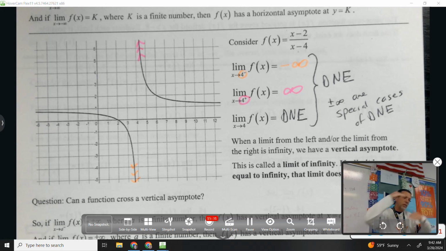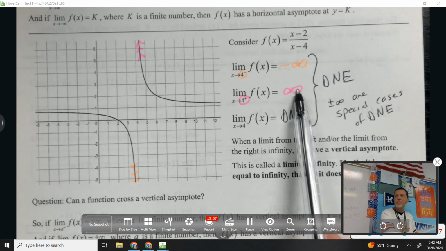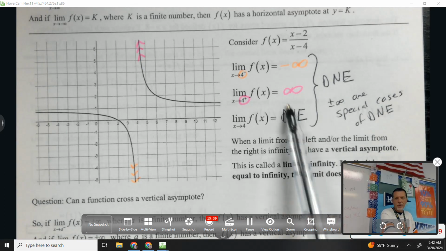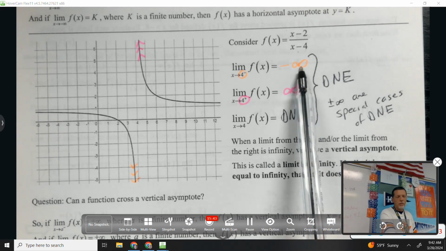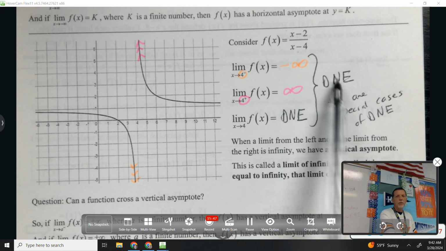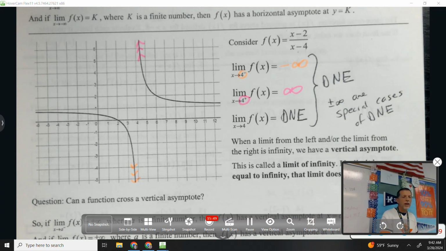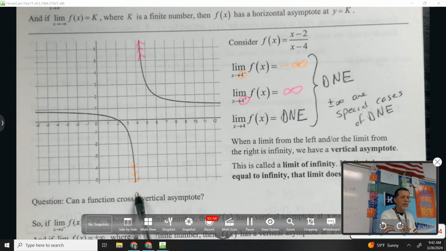If they go to different things, so if the left and right are different, that's one. If they go to infinity, we officially say that doesn't exist, because infinity is not a number. And this gets a little confusing because it's like, well, which answer do you want, infinity or DNE? On multiple choice, we could put it either way. So it's best to understand that it's both. It's positive infinity, which means it's DNE, or it's negative infinity, which means it's DNE.